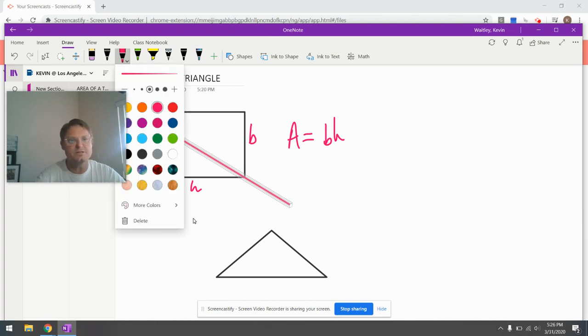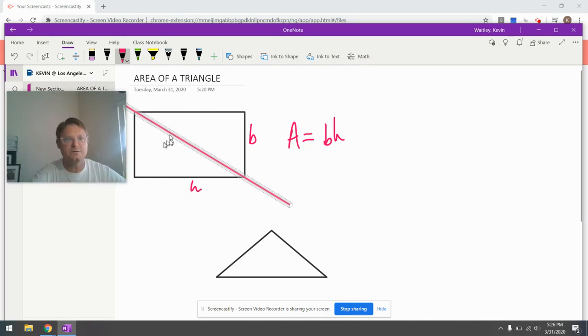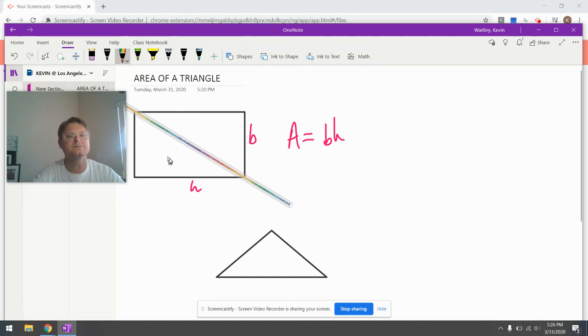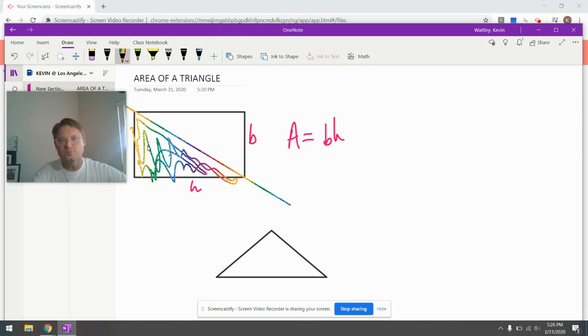So what I've done is I've taken the rectangle and spliced it, and I'm going to let's go with rainbow colors. So this amount of space over here in the rectangle is now gone if we cut it in half. And how does that affect the formula? Well, we now are left with one triangle. And this diagonal splits the rectangle exactly in half.